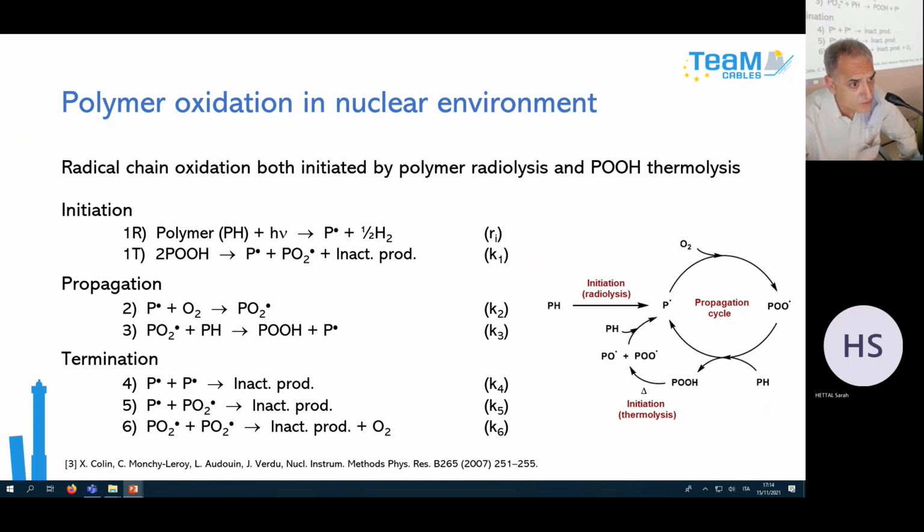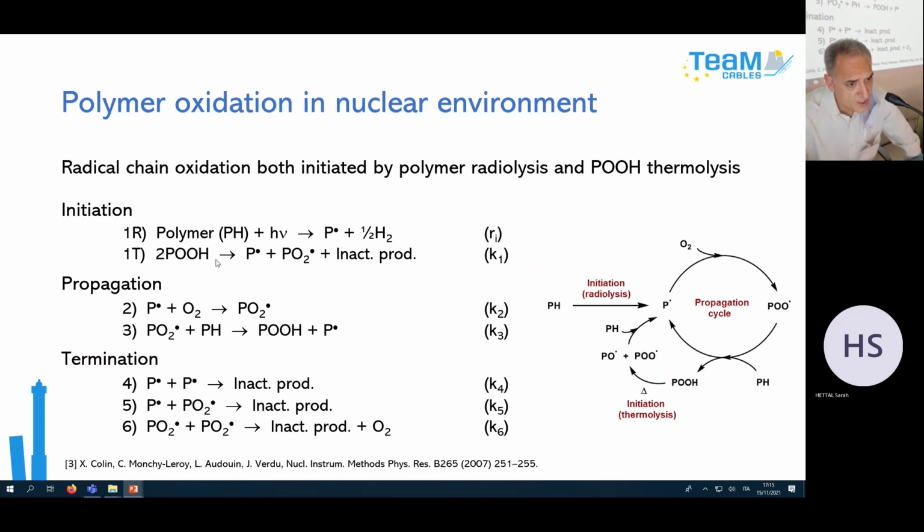And in the case of an oxidation in a radical environment, this mechanistic scheme can be presented as follows. In fact, it is a radical chain oxidation, which is initiated both by the polymer radiolysis and the hydroperoxide thermolysis, POOH, for the hydroperoxide.